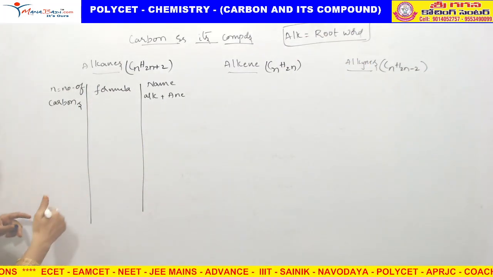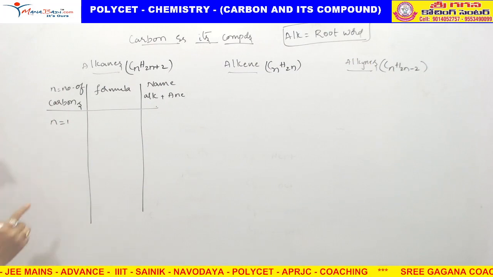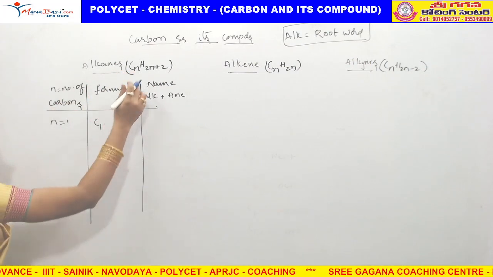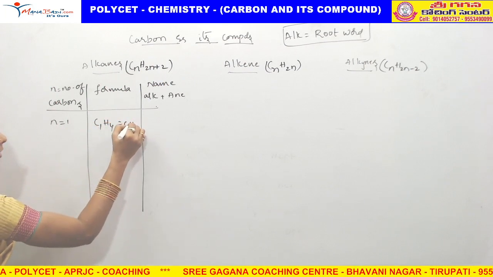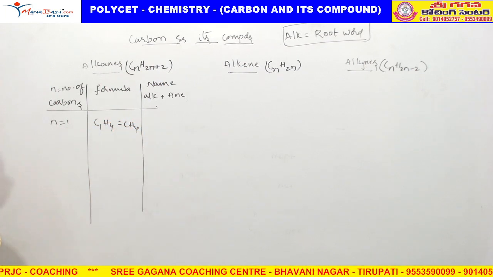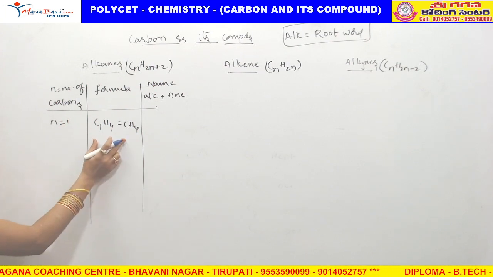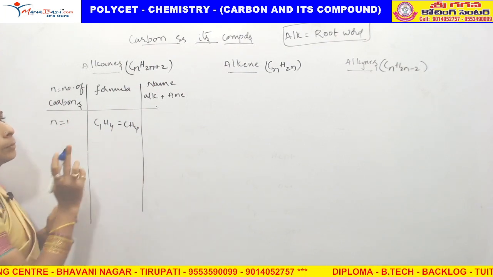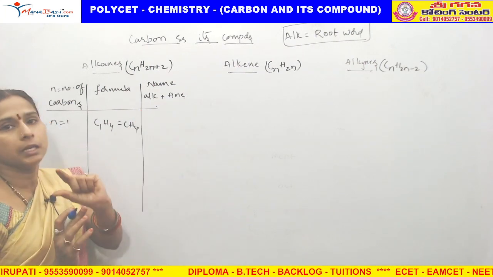Now, for example, if n is equal to 1, what would be the formula? C1H2+2, H4, that means CH4. That is the formula we get. What is the name of this one? One carbon means meth. The root word is meth plus ane, methane.